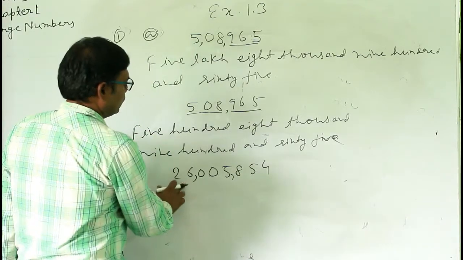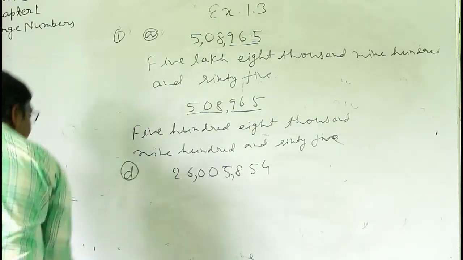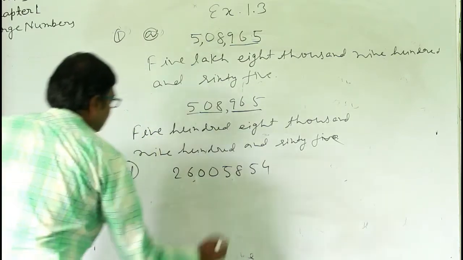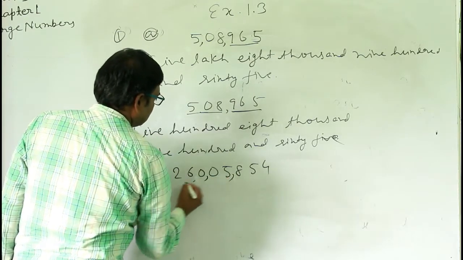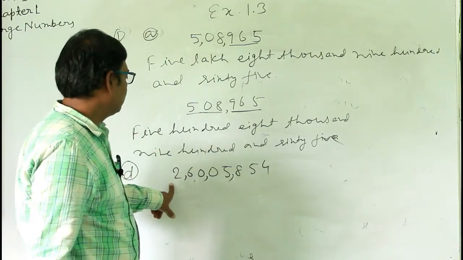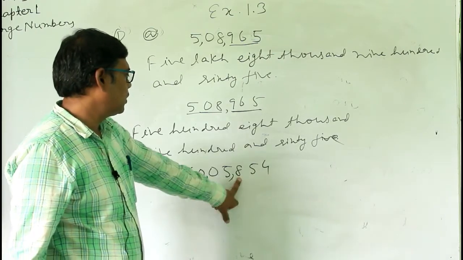This will be 26. Oh, this is not correct actually. Here the comma will be in this place. One comma is here, and another comma is here, and another comma is here. Okay. Now this is correct. That is, it will be 2 crores 60 lakh 5,854.